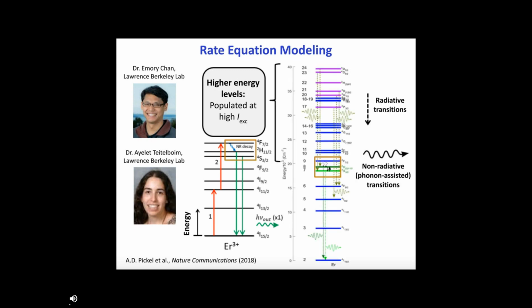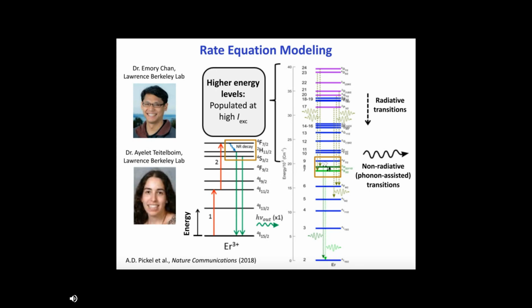And so in their models, the collaborators account for a whole bunch of different higher energy excited states and transitions involving those states. And so the yellow boxes that you see in these two diagrams enclose the thermally coupled levels that give rise to the emission that we use to calculate the temperature dependent ratio. And then everything above that on the right-hand diagram is a higher energy excited state.